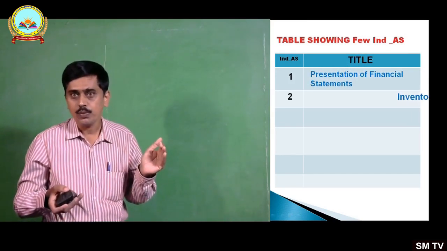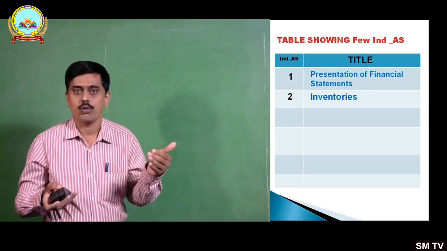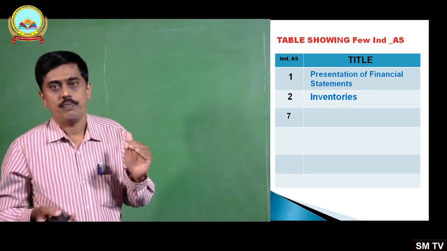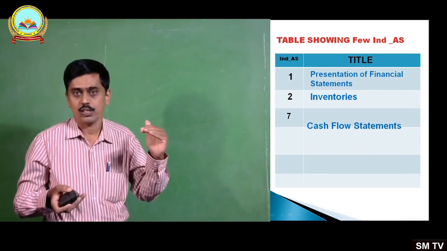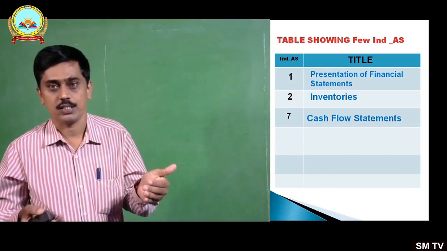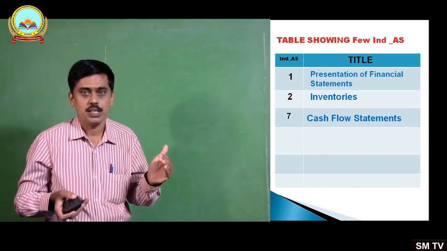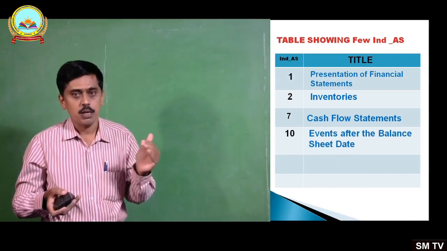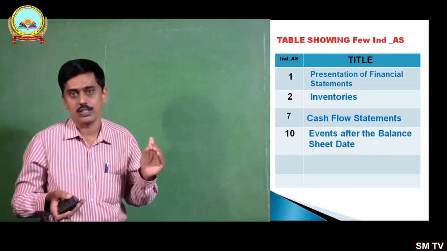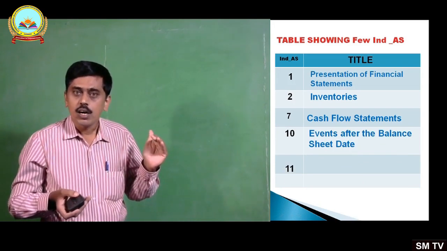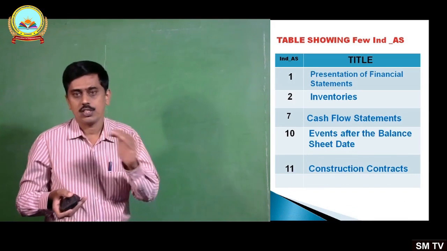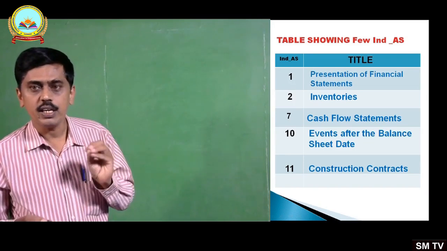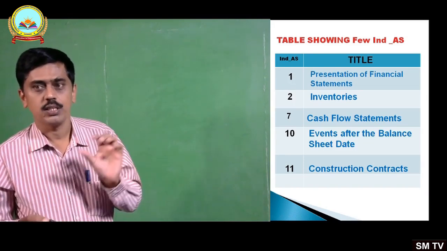Similarly, Ind AS 2 deals with inventories, valuation of inventories, etc. Next, Ind AS 7 deals with cash flow statements, which you are supposed to study next year. Similarly, Ind AS 10 deals with events after the balance sheet date or contingent events. Next, Ind AS 11 is concerned with construction contracts. These are some of the Indian accounting standards. The whole list is not necessary here.